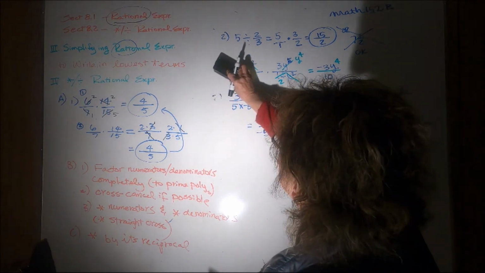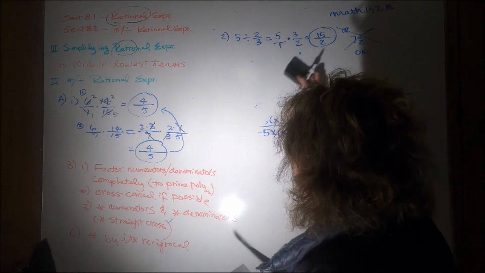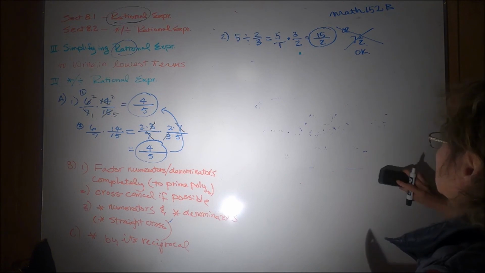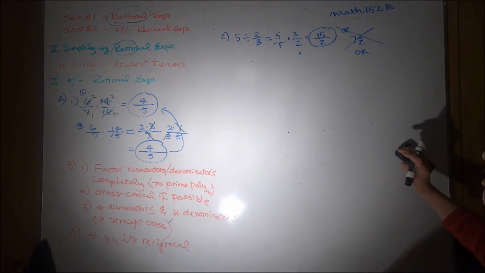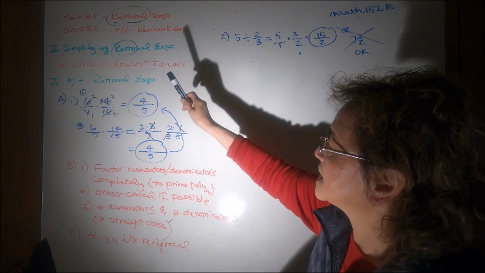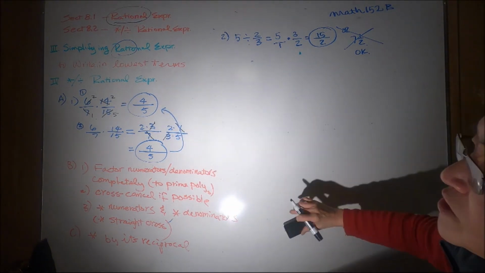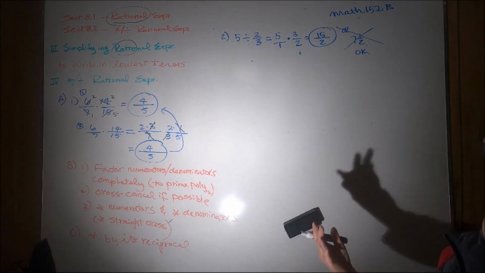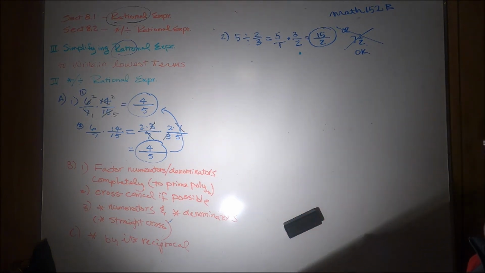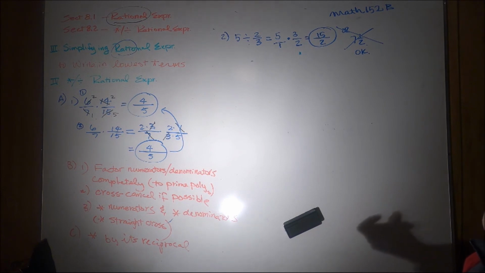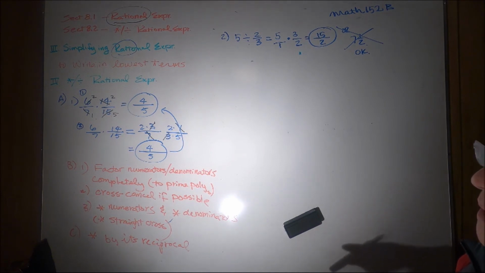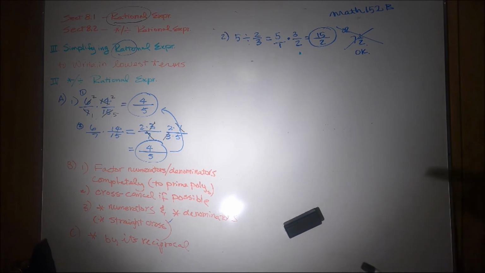So let's see some examples. You do the rational expressions just like you do the numbers, because rational expressions are a bunch of letters in fraction form, and letters mean numbers. So they operate in the same way.